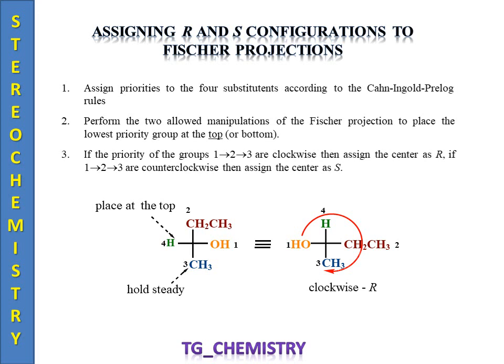Okay, so now if we go with 1, 2 and 3, keeping the fourth priority group hydrogen in one of the vertical positions at the top, that leads to a clockwise orientation and the assignment of the chiral center as R. The configuration of the chiral center will be R.